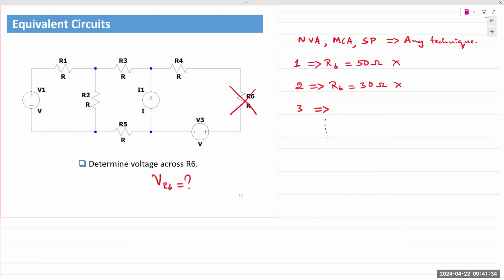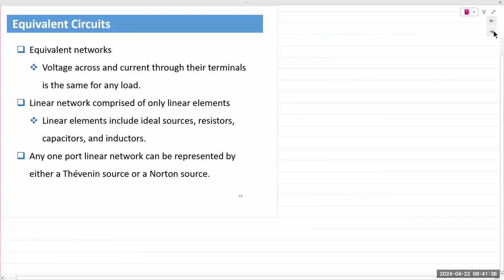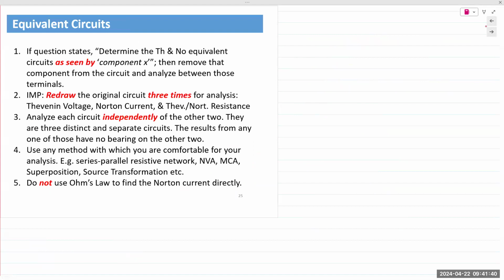And so that's the terminals of analysis. So again, if the question states, find the Thevenin or Norton equivalent circuits as seen by a particular component, then you remove that component from your analysis. That is the absolute first step you should do.